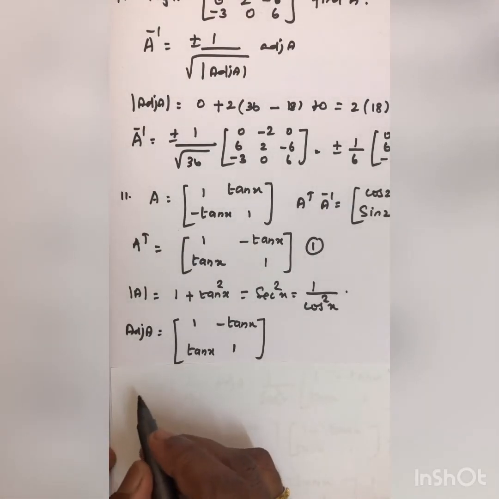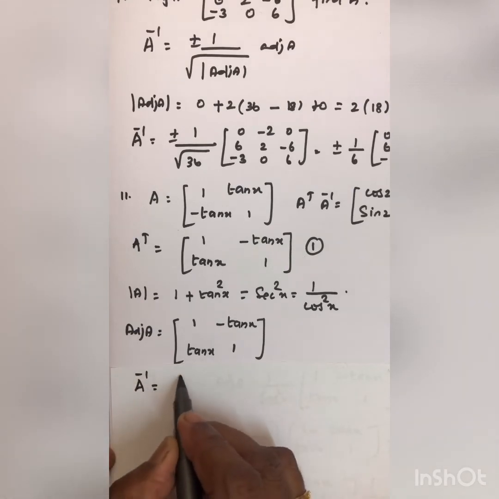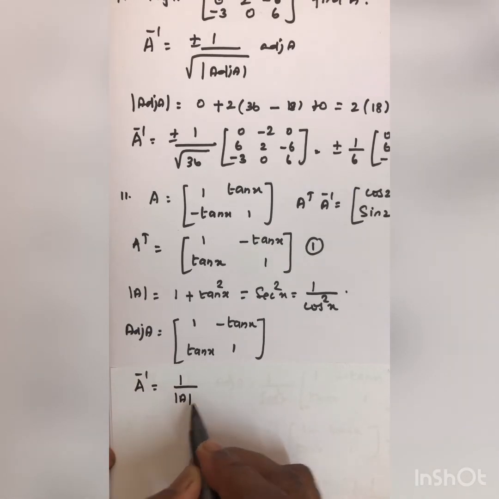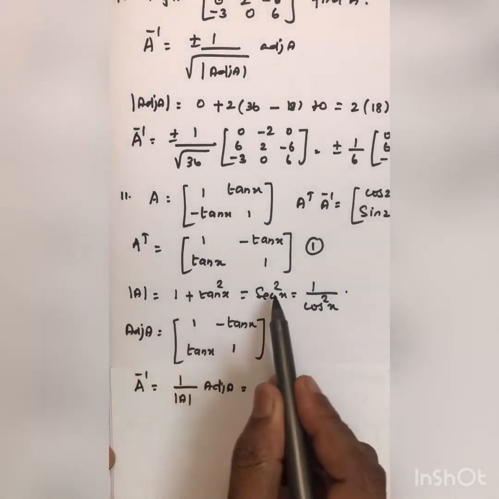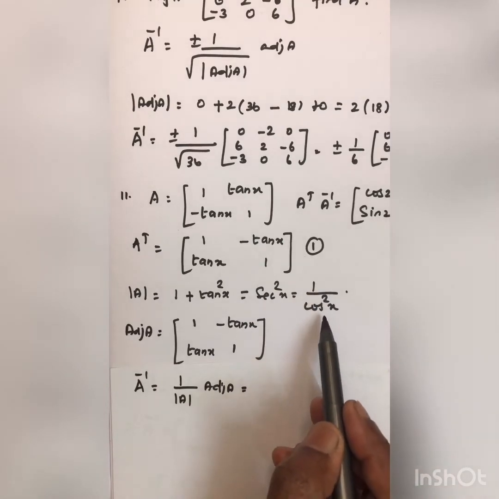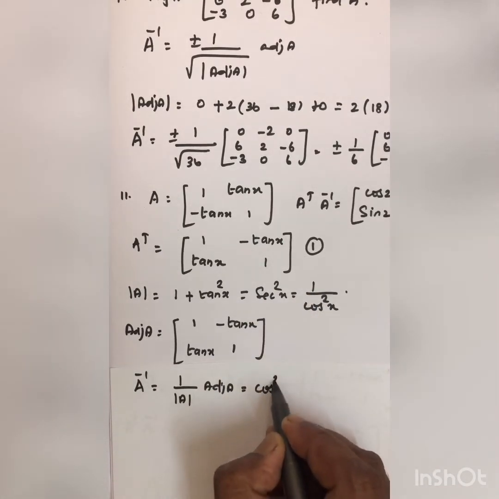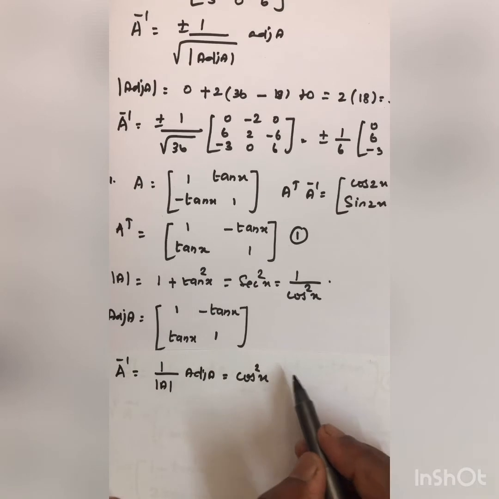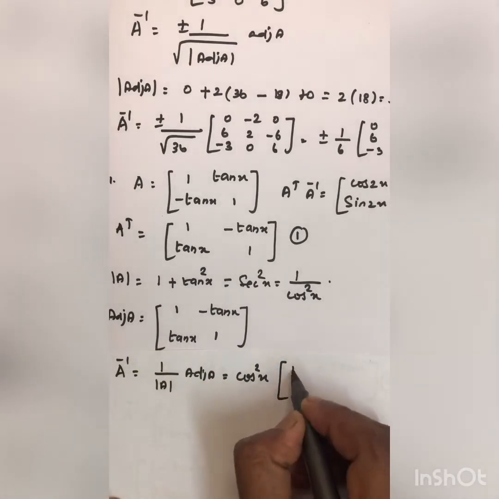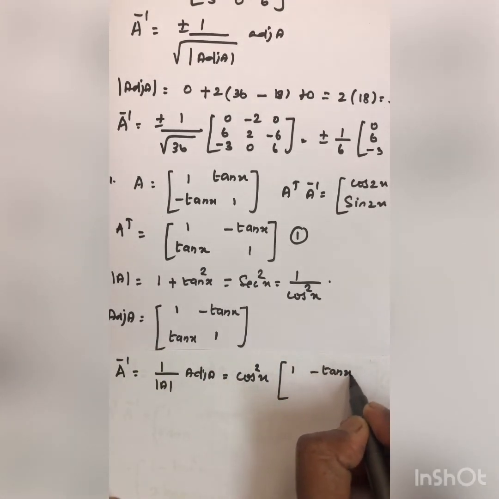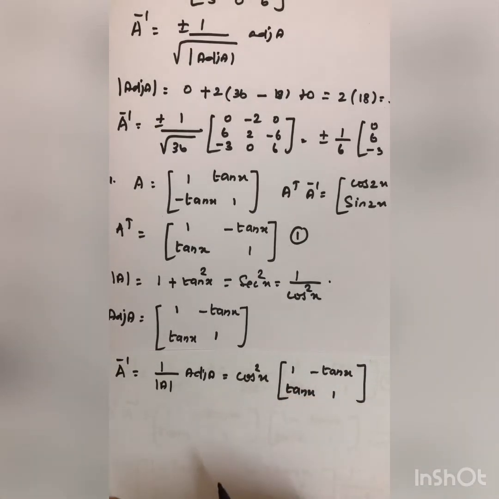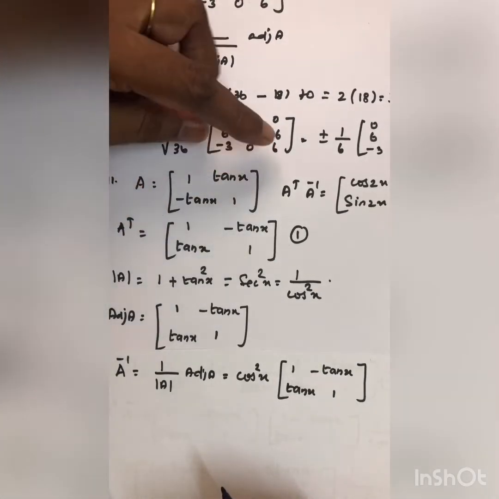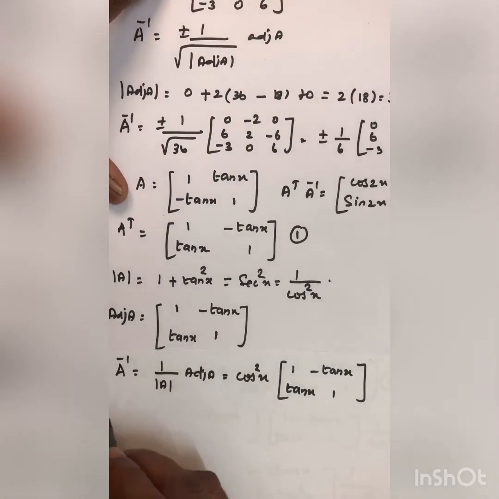Now we have to find A inverse. So A inverse is 1 by determinant of A into adjoint of A. 1 by determinant of A, so 1 by cos square x. So we'll have cos square x into adjoint of A, which is 1, minus tan x; tan x, 1. Okay. So now we are going to multiply A transpose into A inverse.